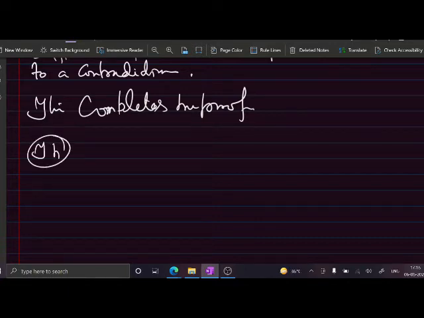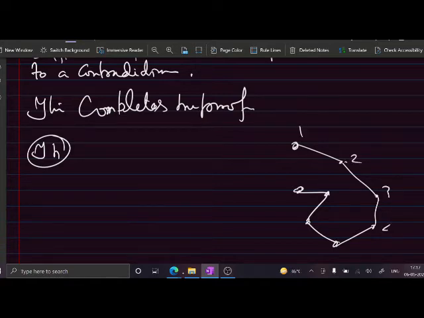Now if you check this example, how many vertices does this graph have? 1 2 3 4 5 6 7 8, right? And this is a tree because it is connected and acyclic.